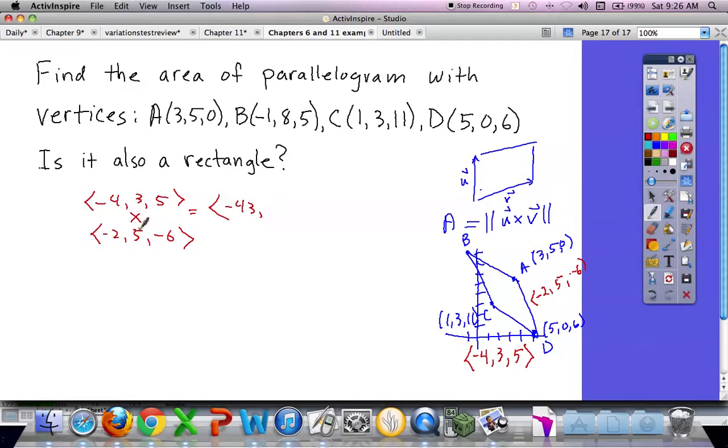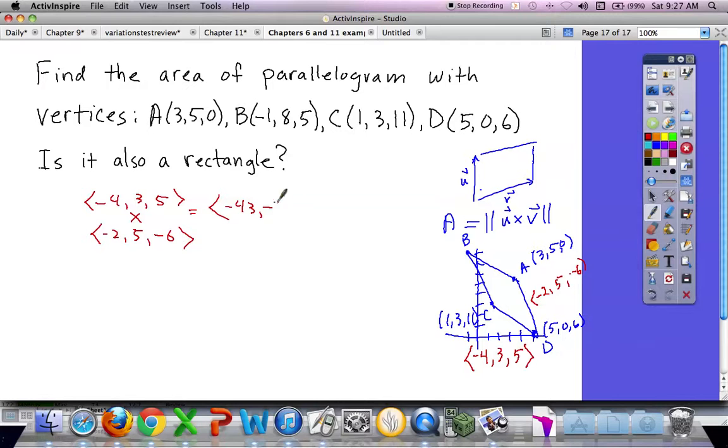Okay, cover up the middle two to find the second component, -4 times -6 minus 5 times -2. So that's positive 24 minus -10, which is like positive 24 plus 10, which is 34. But the middle component has an opposite in front of it.